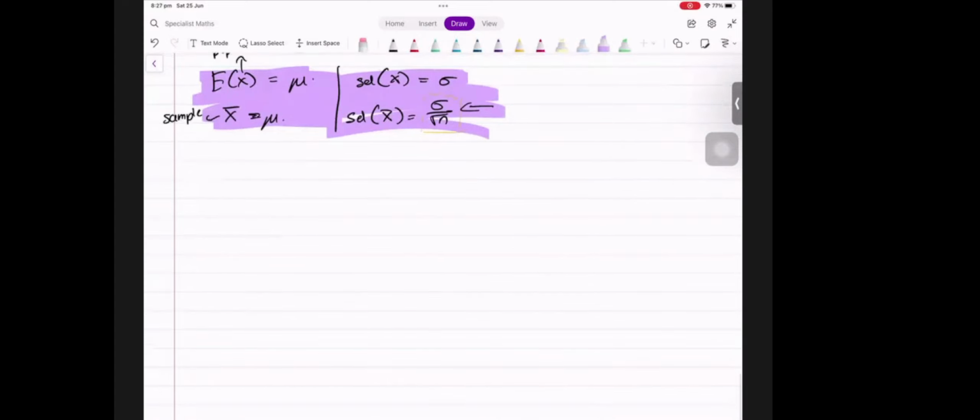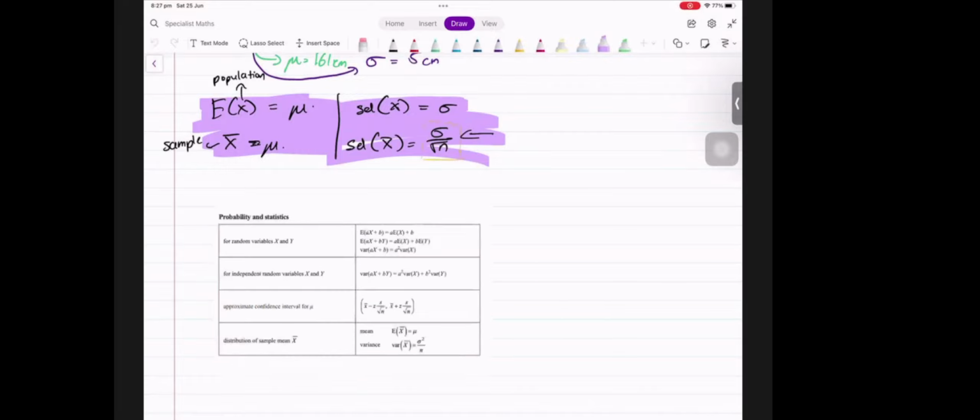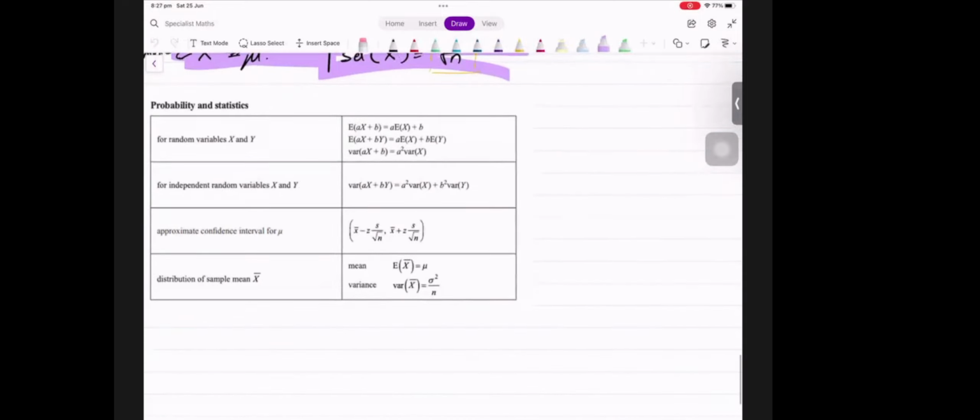I'll take a screenshot of it and put it here. This is what you have in your formula sheet, so it's best to remember it, obviously, but you don't exactly have to. There you go. This is in your formula sheet completely.